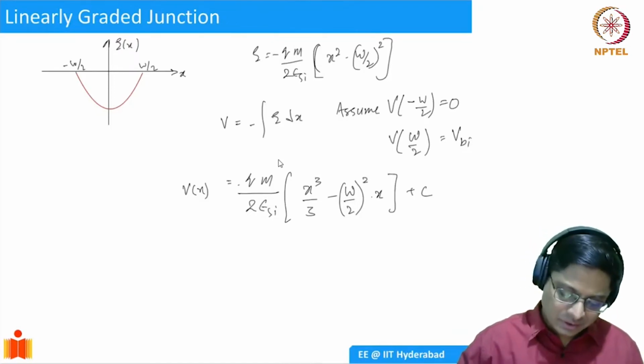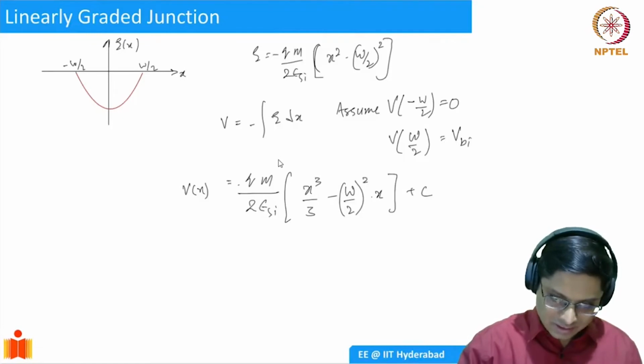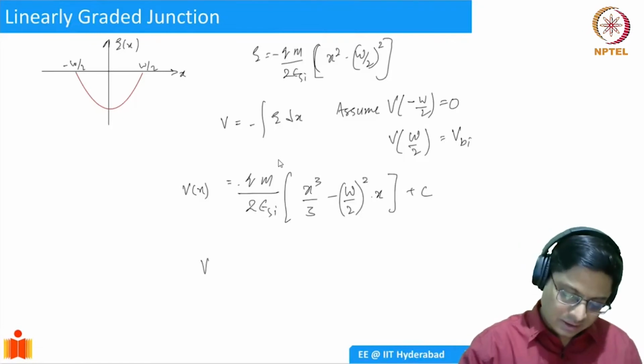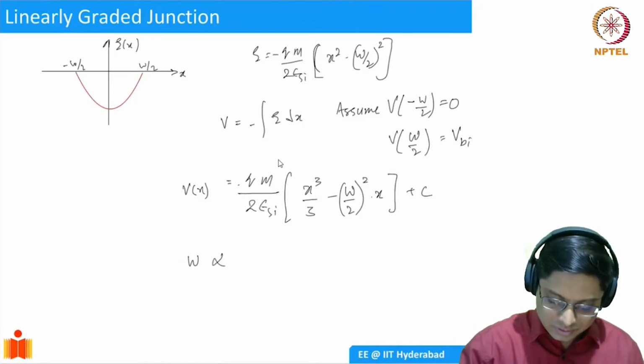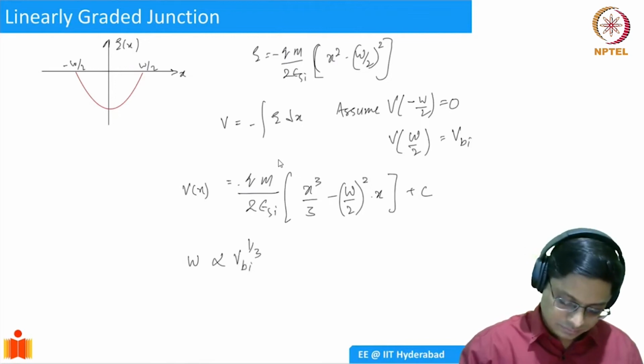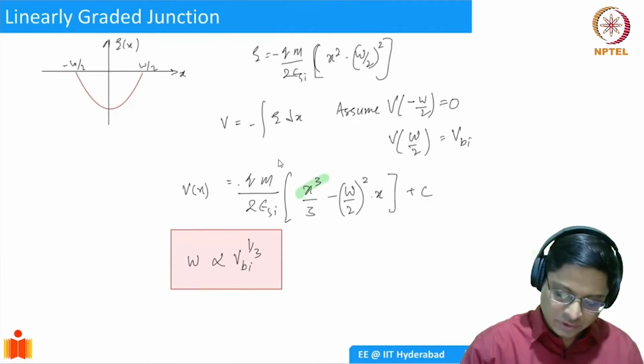Anyway, one interesting thing that will come out is, once you do all this, your W, the width, is going to be proportional to VBI to the power of 1 over 3. You can also already see that because here you already have x cubed.